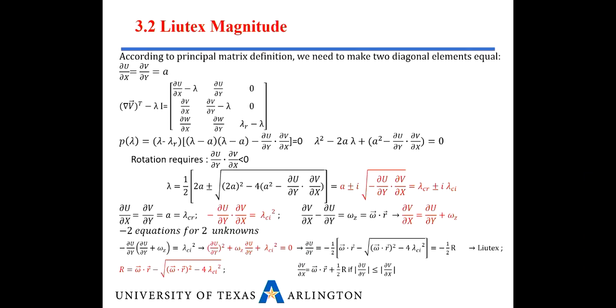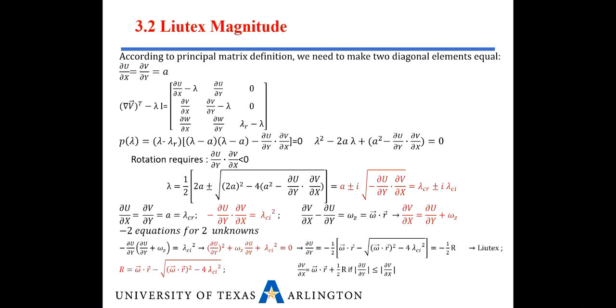If we talk about the vorticity, there should be partial v, partial x minus partial u, partial y. That is the vorticity, but that's not what we want. We only want to get the swirling strength.